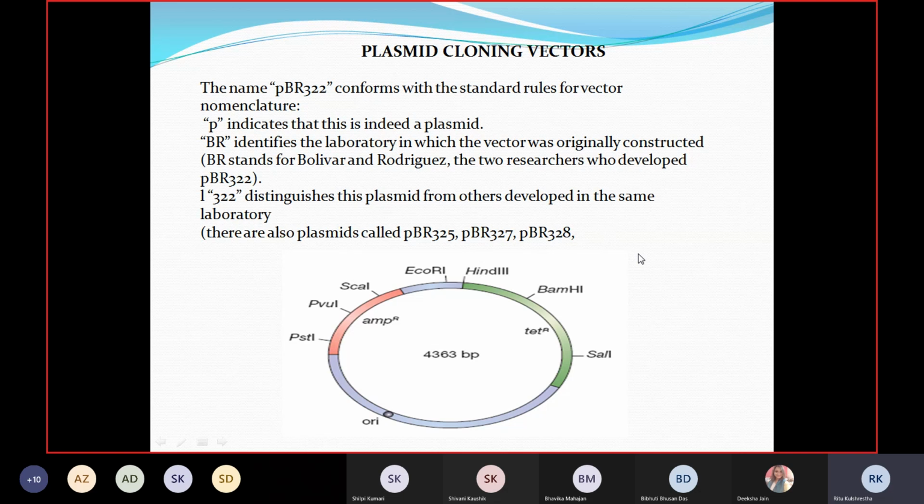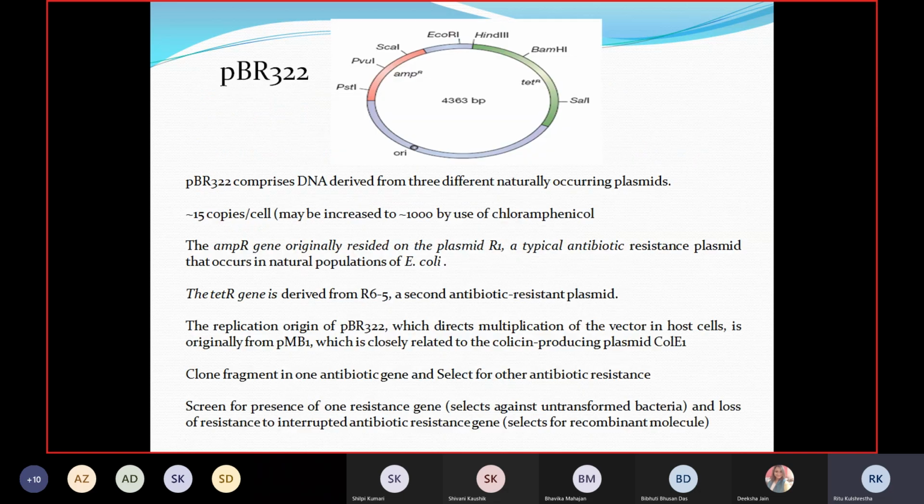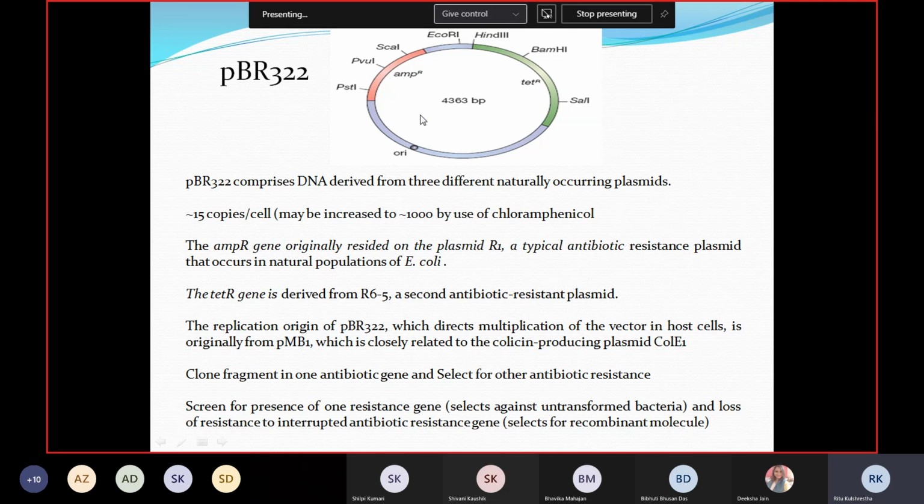Now coming to the properties of this cloning vector. What they have done is, let's say there was an ampicillin gene present in plasmid R1, which is a naturally occurring plasmid, so they took ampicillin resistance from here.